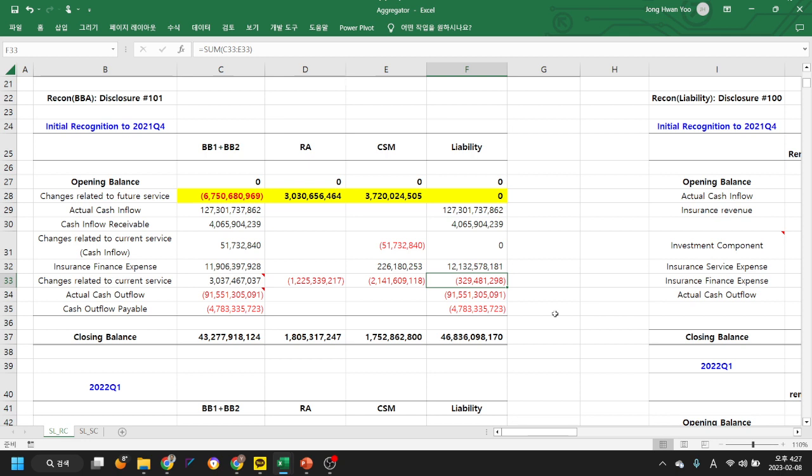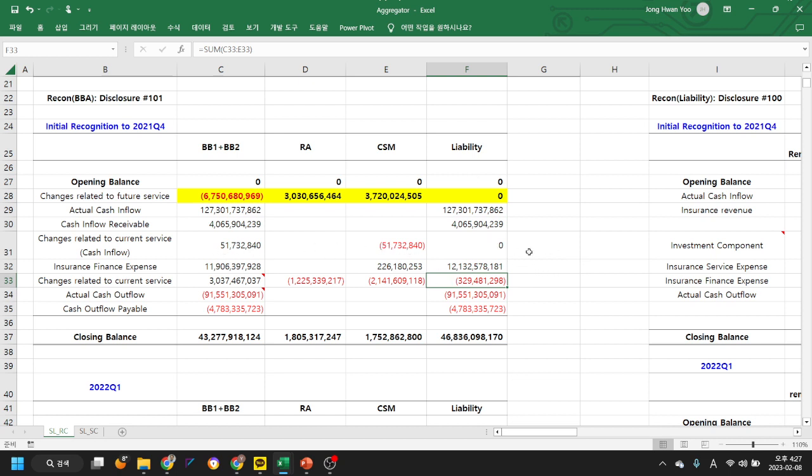And the one that I have is on the assumption that I need to also compare the estimates of those building blocks, starting from 2022 all the way up to the end of the contract boundary, on initial recognition and at January 1st, 2022. That probably shows the difference, and that goes into this amount as well, right? If it is different.